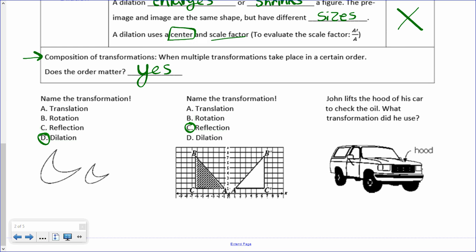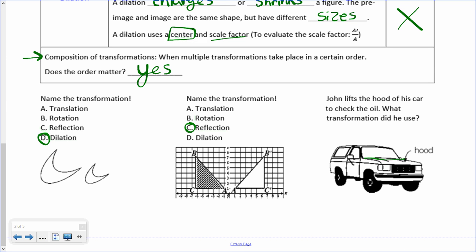Okay. This one's a little bit more of a brain teaser. You have to think about this in your head. If I had to lift the hood of this car to change the oil, what transformation would I have to use? Rotation. A lot of people think it's rotation to begin with, but it's a reflection. Let me show you why. To lift the hood of a car, there's a hinge, and the hinge is a line.